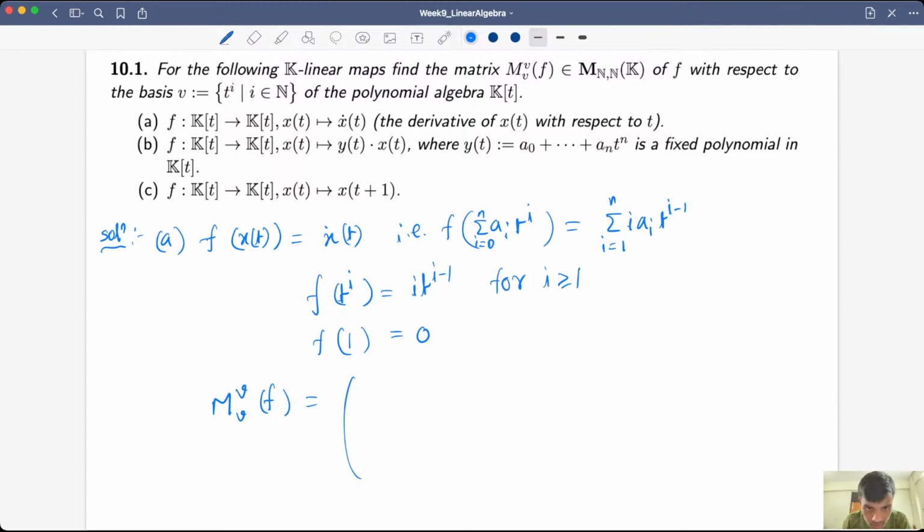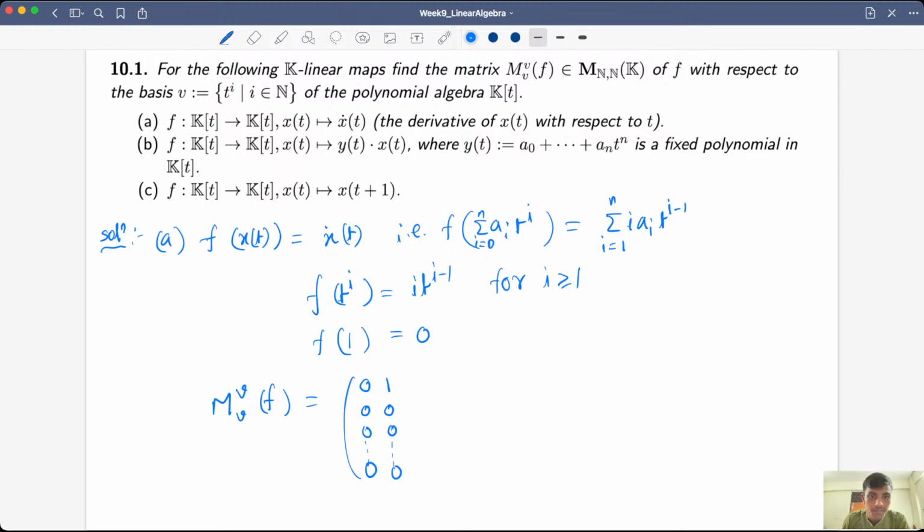So the first column is 0, 0, 0, all the way up to 0. For t, that means i equal to 1, it is just 1. So 1 is the first basis vector, so that coefficient is 1, everything else is 0, right? So let me write another 0 here.